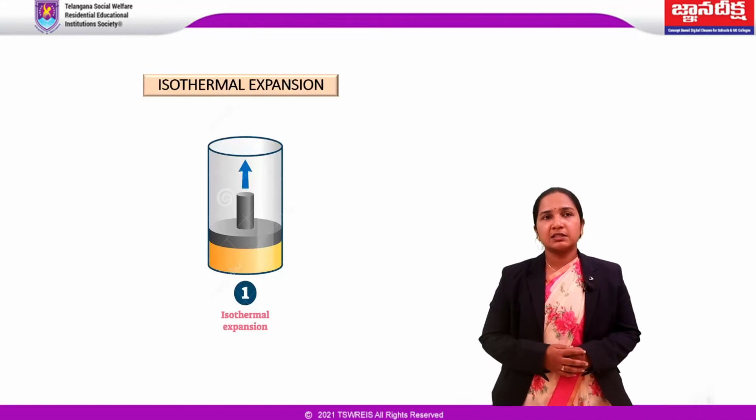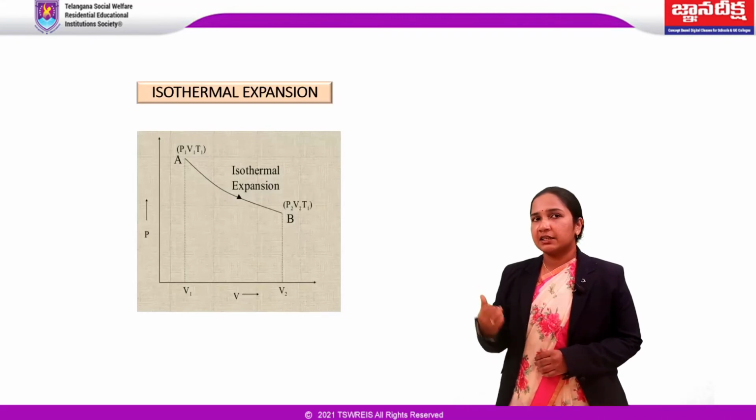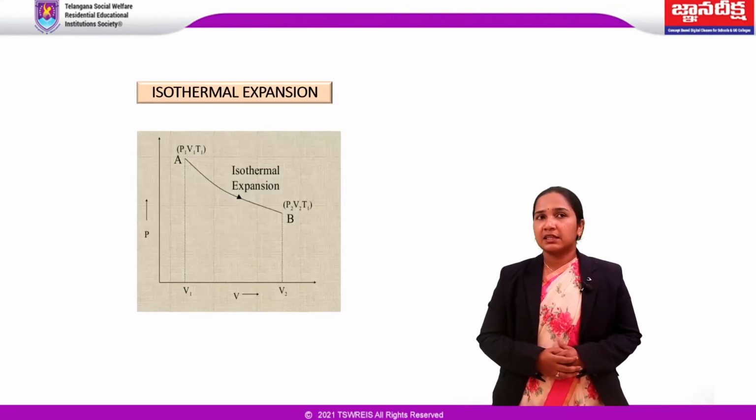The volume increases and the pressure decreases. This is isothermal expansion. It is represented by the curve AB as indicated in the diagram. So this is the diagram of isothermal expansion. The curve AB represents the isothermal expansion.